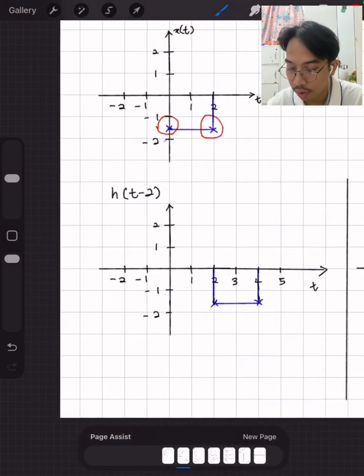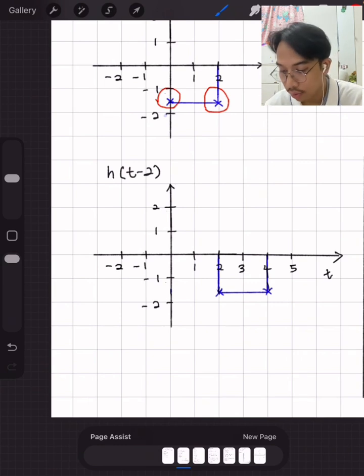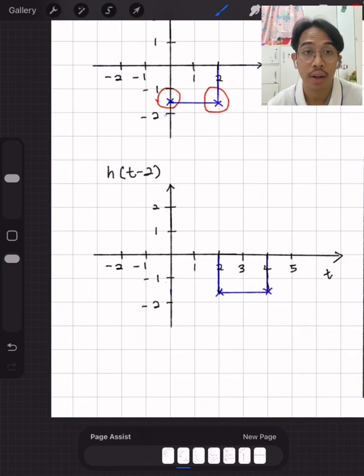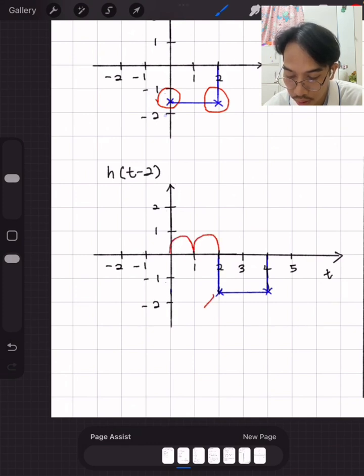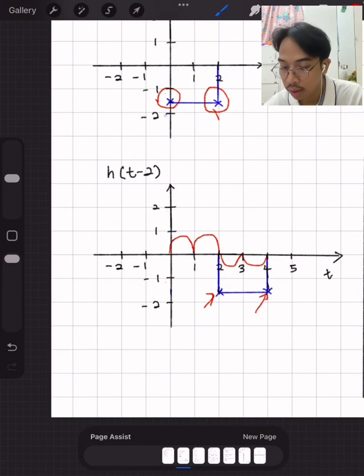Then for h(t), first we need to time shift to the right by 2. So for h(t minus 2), it is time shifted to the right by 2. From here to 4, we go by 2, this is our new point, and the same goes for the next point. We go to 1, 2. So there is our new limit.